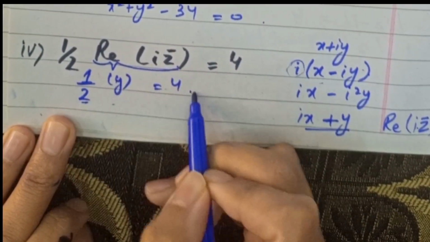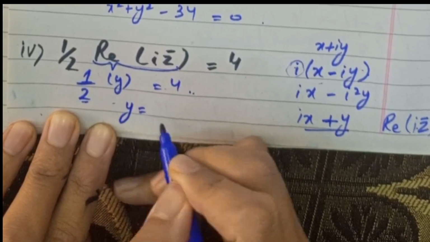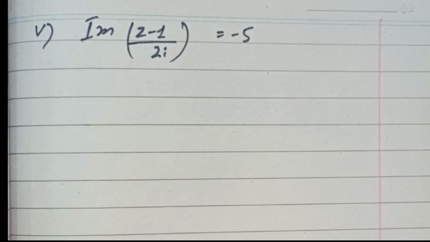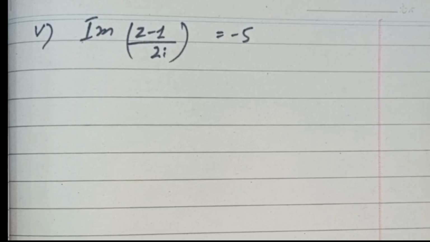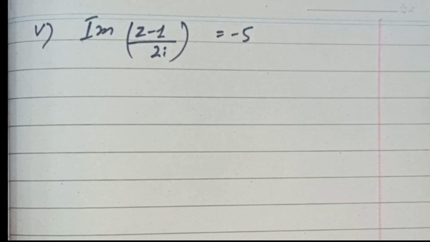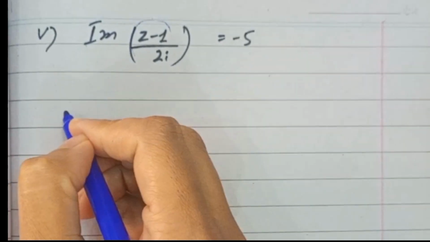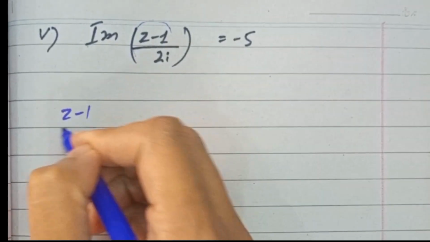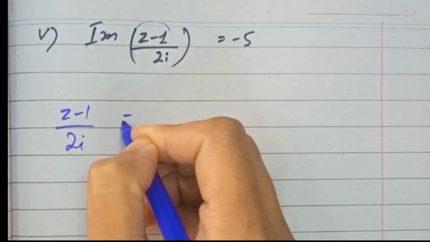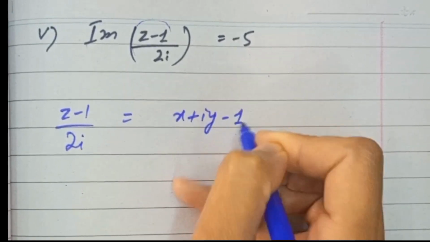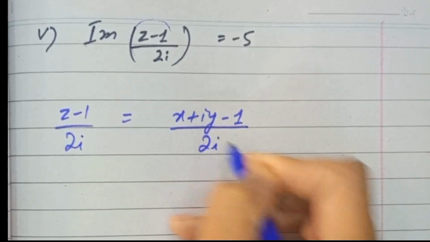Now we will multiply 2 with this 4, and we will get 8 as an answer. Imaginary part of z minus 1 divided by 2 iota, which is equal to minus 5. So first we will sort out this z minus 1. z minus 1 is x plus iota y minus 1, divided by 2 iota.